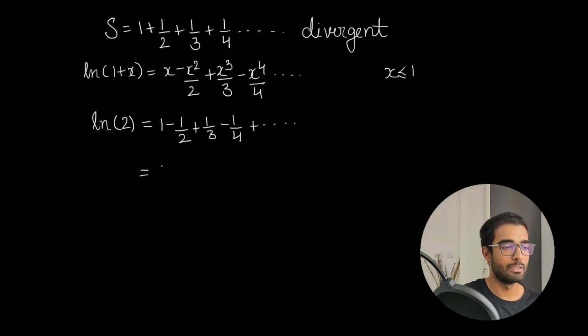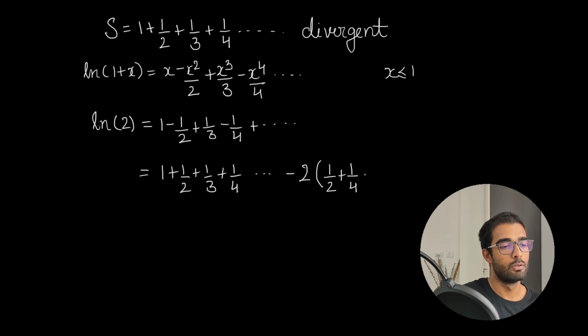Now I thought we can find this series using this, as we did earlier with the natural number sum, that is 1 plus 1 by 2 plus 1 by 3 plus 1 by 4, minus 2 times (1 by 2 plus 1 by 4 plus, sorry, 1 by 6, and so on).